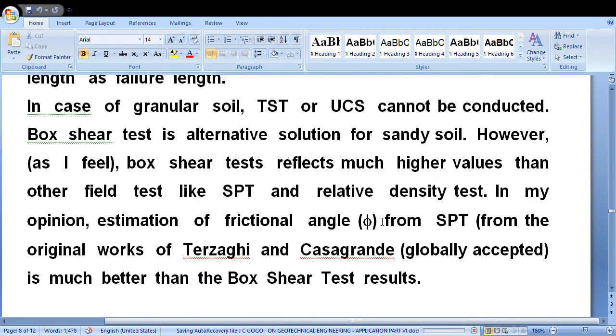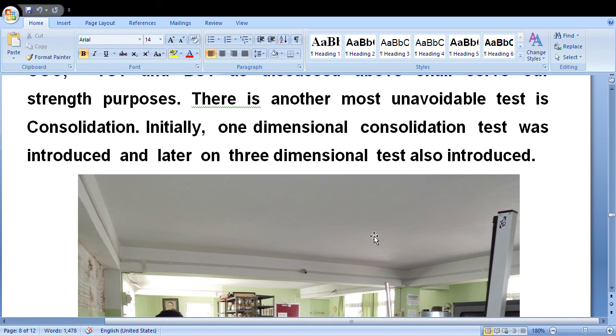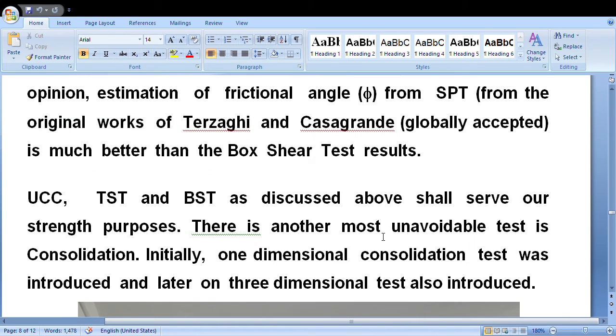So we must be careful to find out the phi value. A 1 degree variation in phi makes an 18% difference in total foundation cost. So we should think about this. The unconfined compression test, Tri-Axial shear test, and box shear test as discussed above shall serve our strength purpose.